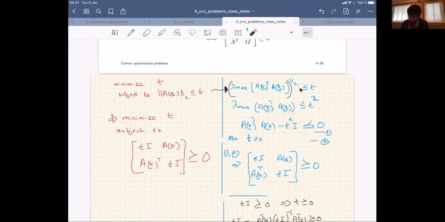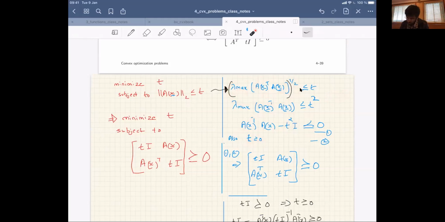Also, we know that t has to be greater than or equal to 0, because this quantity is an eigenvalue of A transpose A, which will be positive. Because this is a PSD matrix, you can revise your concept of positive semi-definite matrices. Anyway, this is greater than or equal to 0.